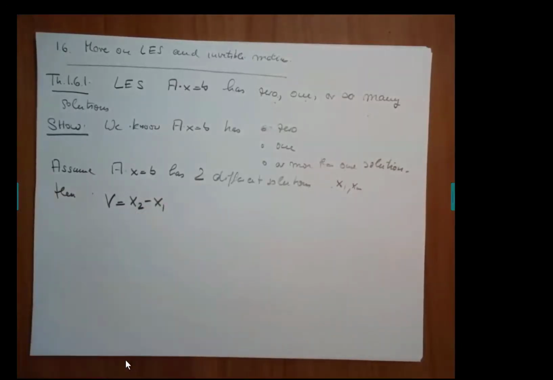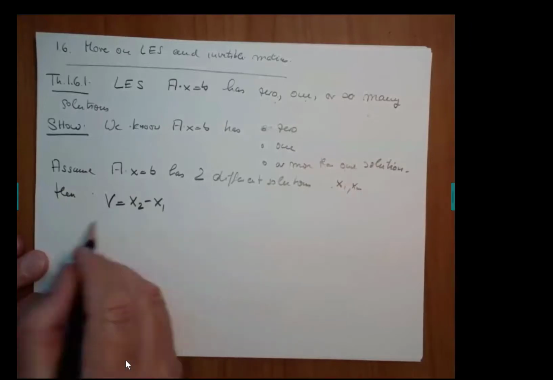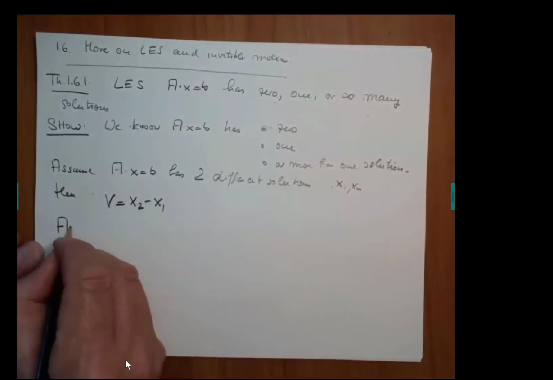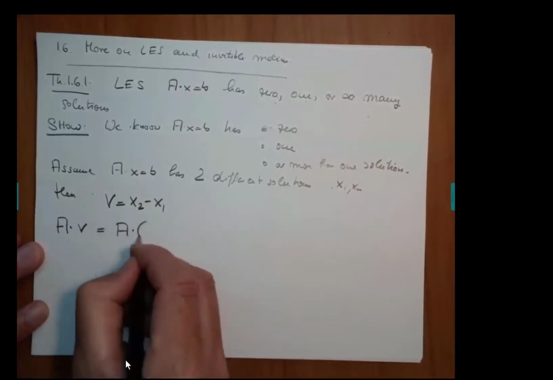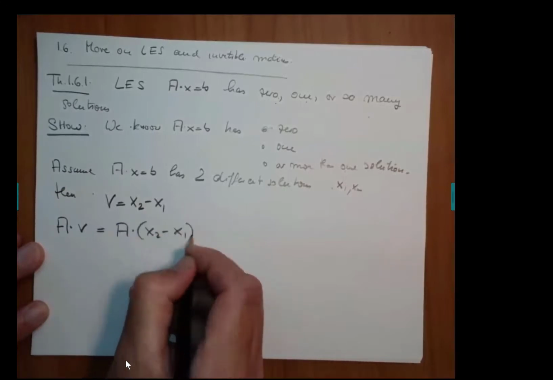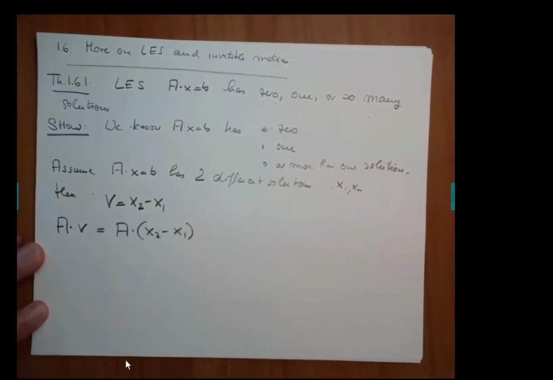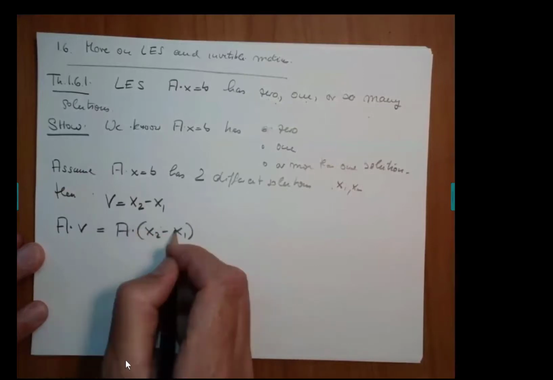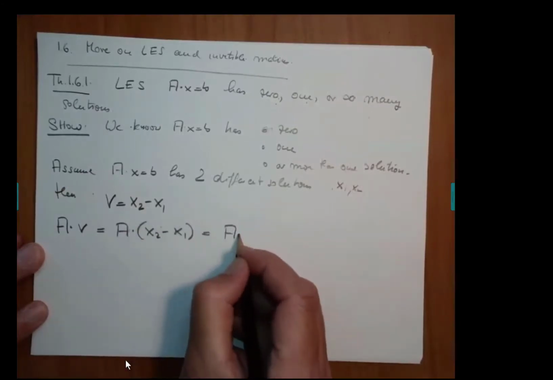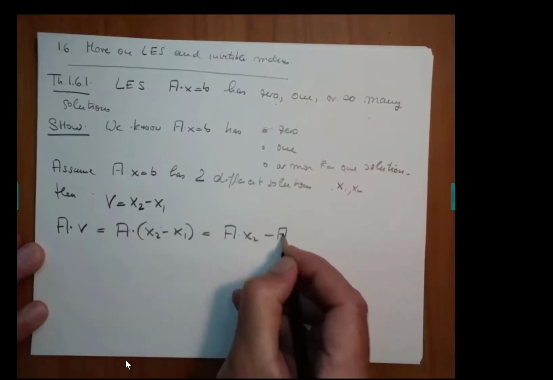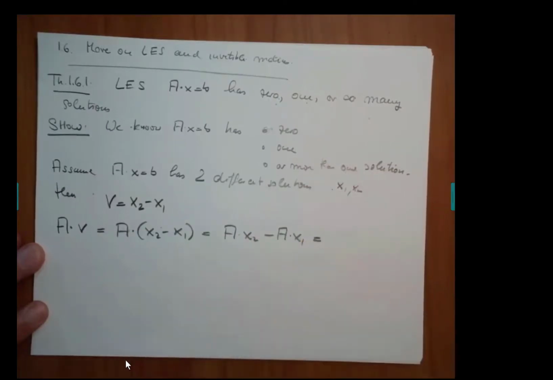So that's also a vector. Now we look at what happens if you multiply A times the vector V. That is A times X2 minus X1. Then we learned matrix multiplication is distributive, so I can distribute my A. So this is A times X2 minus A times X1.